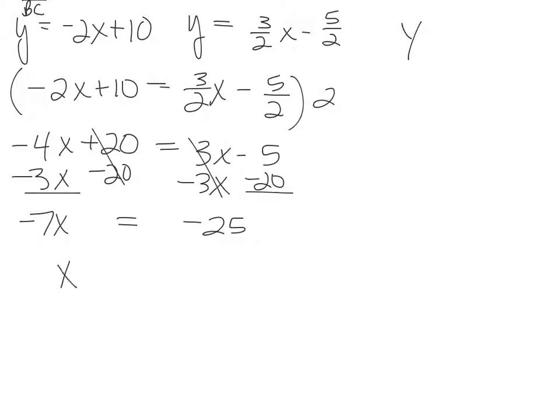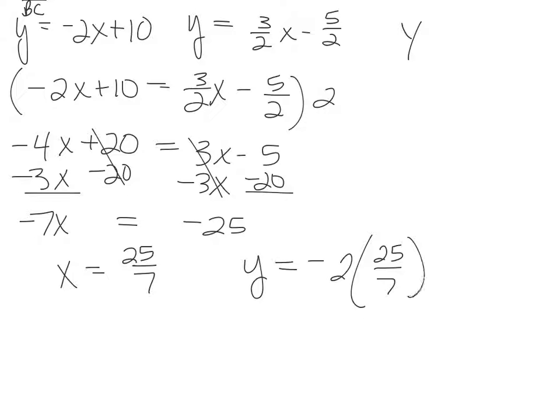Yuck. x equals 25 over 7. Let's plug it back into an equation. There's no pretty equation to plug this into. Goodness, this sort of stinks. Really, when I get a messy equation like this, I think to myself, what mistake did I make? There's no good equation to plug it into, so just pick one.